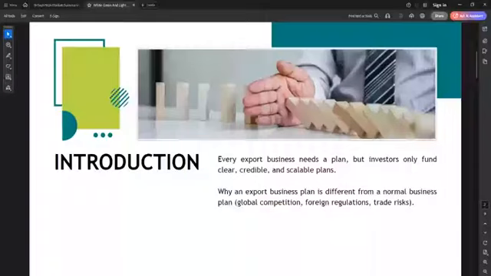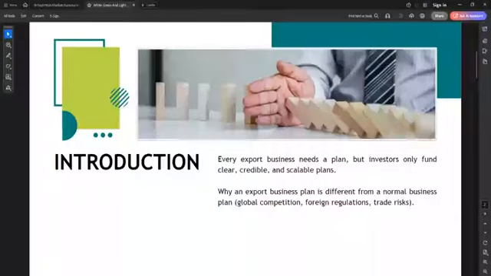Most times we see different business plans for different businesses, but there are some little things that make a difference between a general business plan and an export business plan. Every export business needs a plan, but investors only fund clear, credible, and scalable plans.